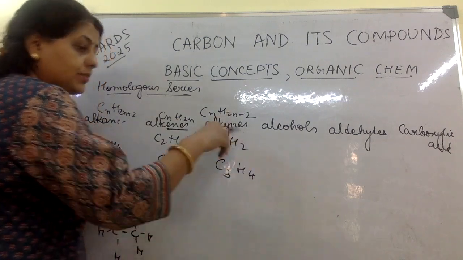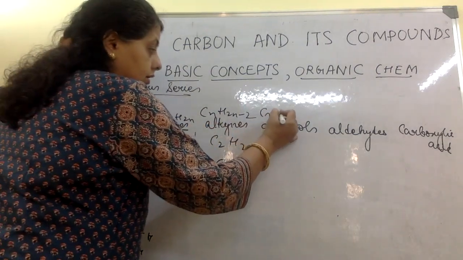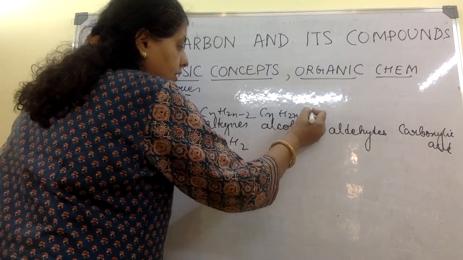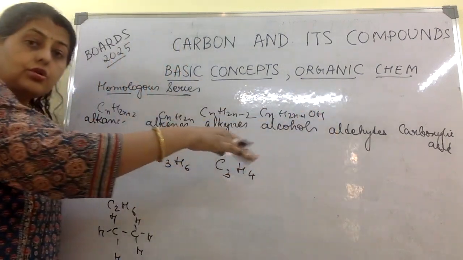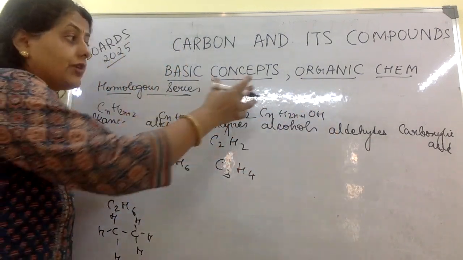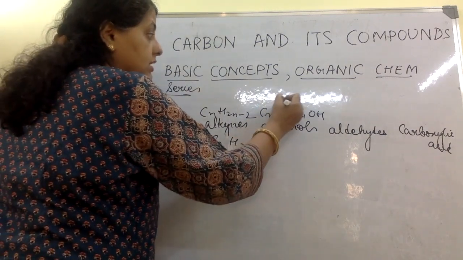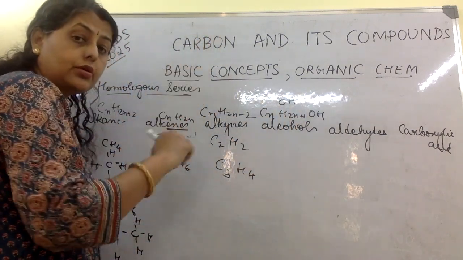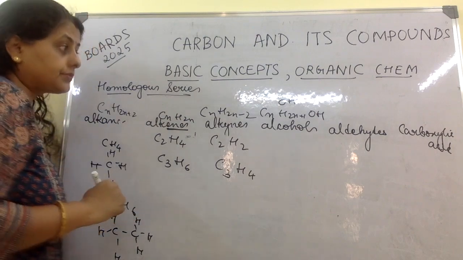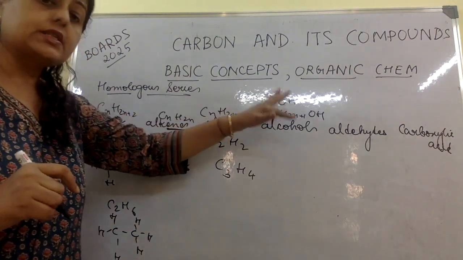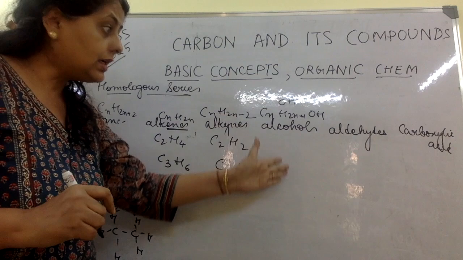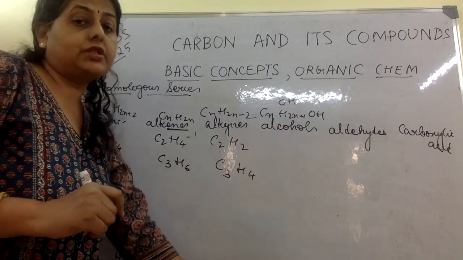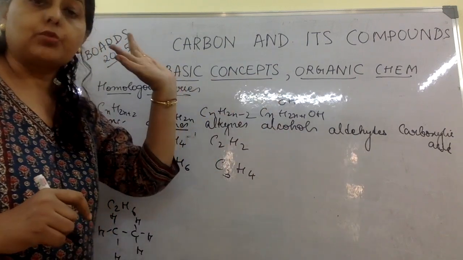Now comes alcohol. CnH2n+1OH. It is from alcohols that we start with the functional group. For alcohols the functional group is OH. This functional group gives character to all the members of this homologous series. Each one will have one OH.